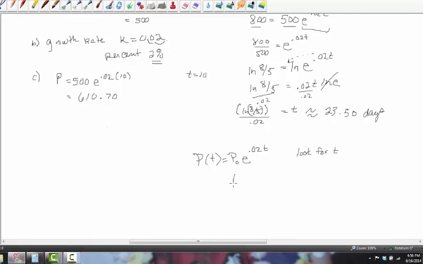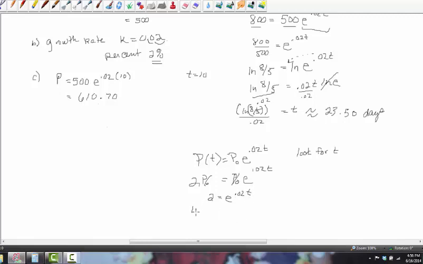So I can just say, okay, the initial amount is just P sub 0, and the double is 2 times P sub 0. And see what happens is the P sub 0 cancels every time. So I'm really just looking at 2 is equal to e to the 0.02t.